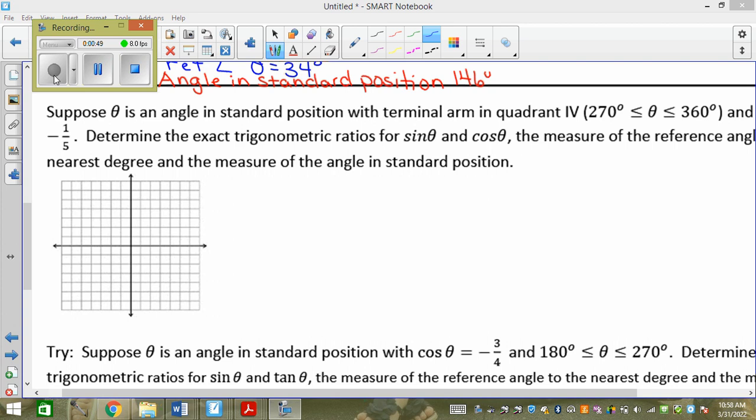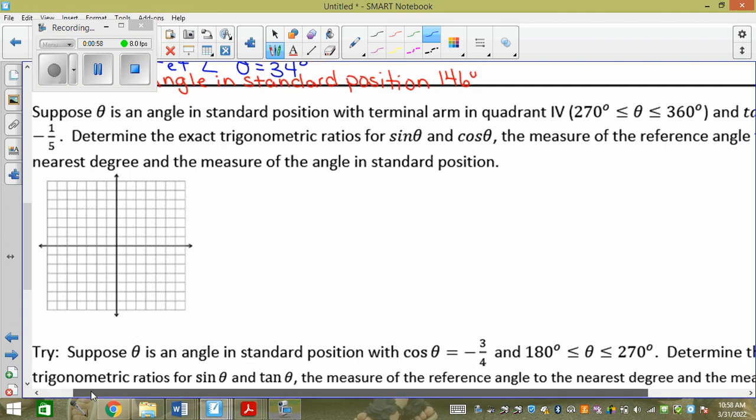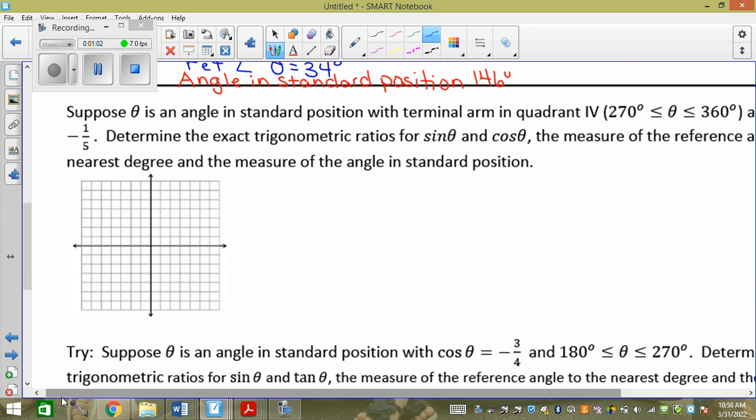Suppose theta is an angle in standard position with the terminal arm in quadrant 4. So we know we're sitting here between 270 and 360. And tan theta equals negative 1/5. So once again, they gave me x and y, just like as if it was a coordinate.